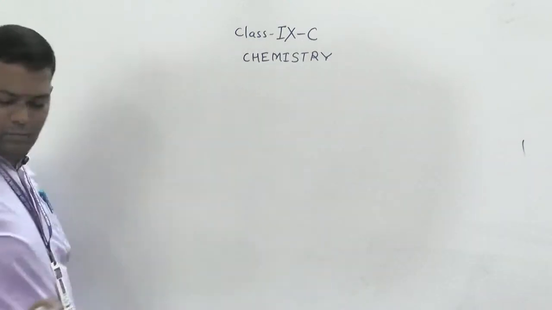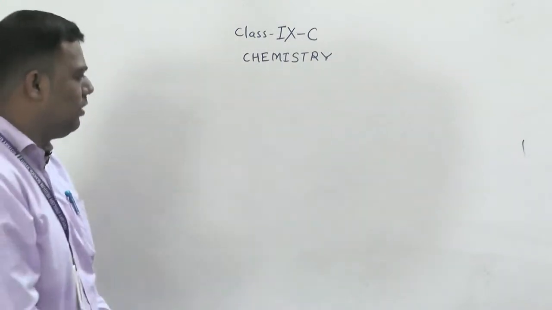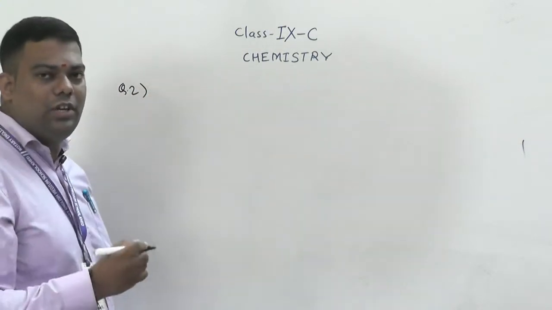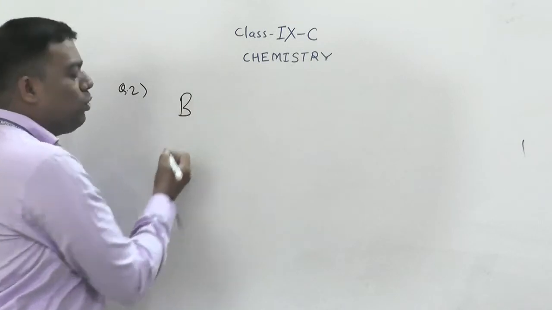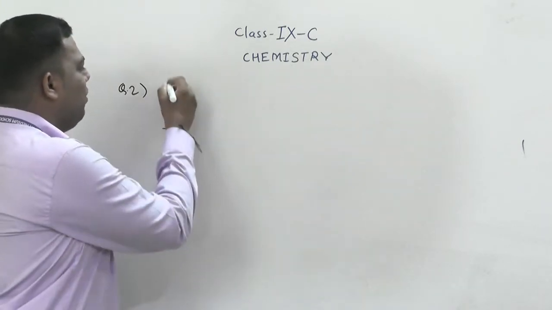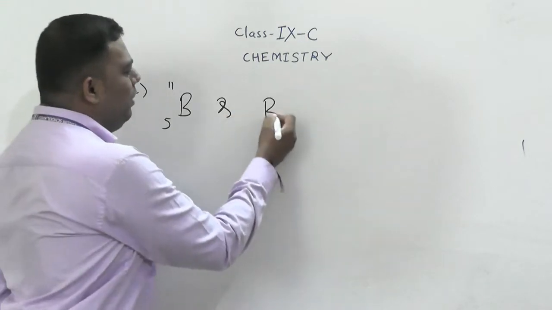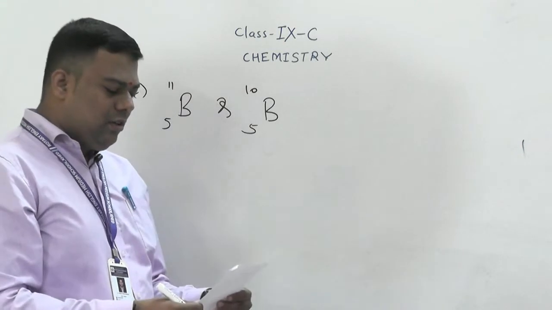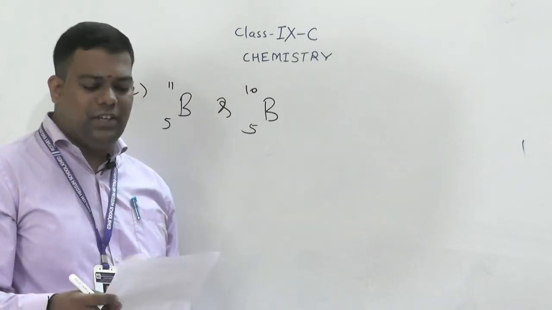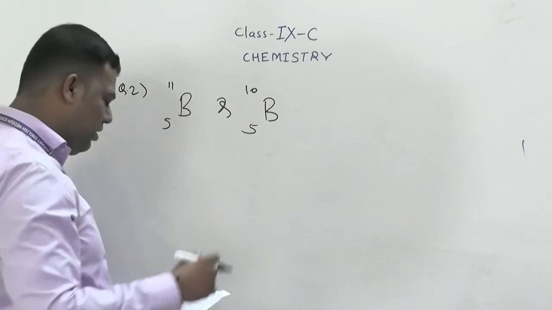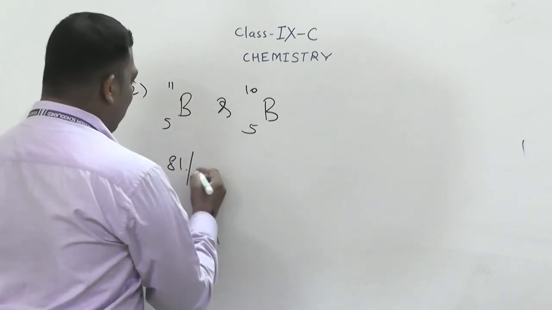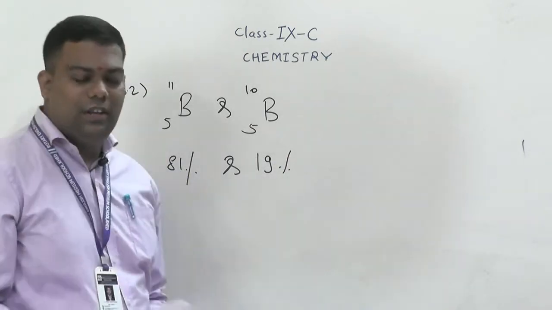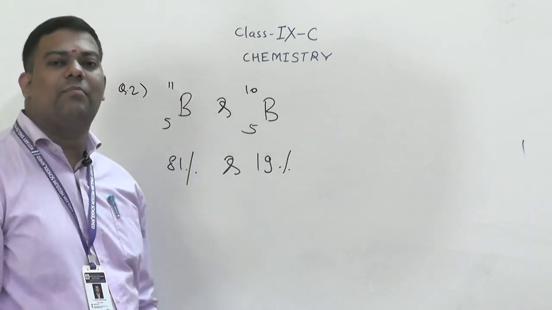In question number 2, what they are asking: boron occurs in the form of two isotopic forms, B-11 and B-10, in the ratio of 81% and 19% respectively. Then calculate its average atomic mass.